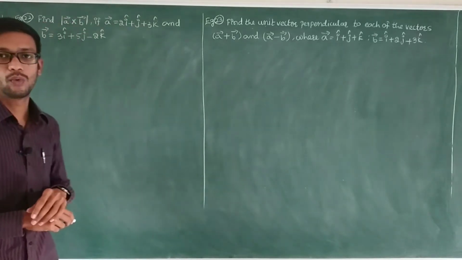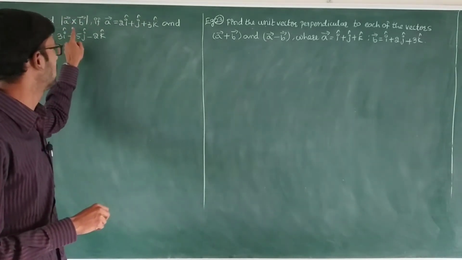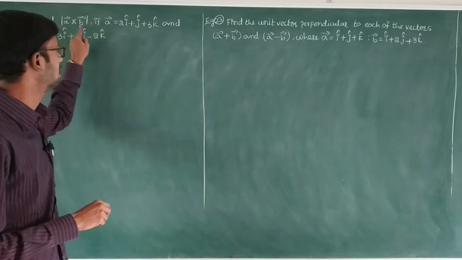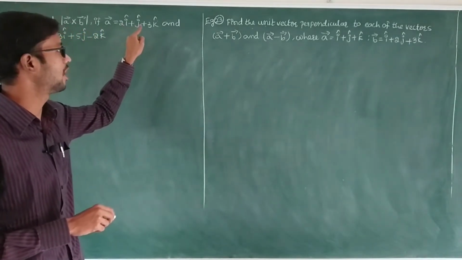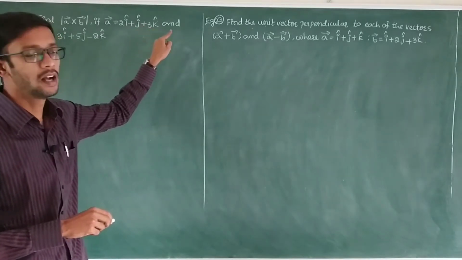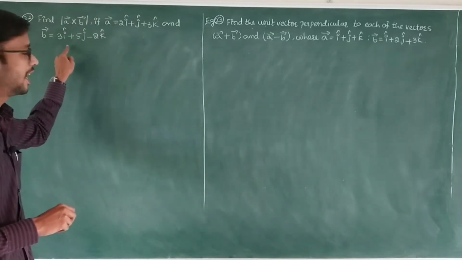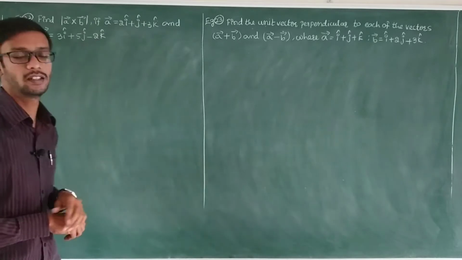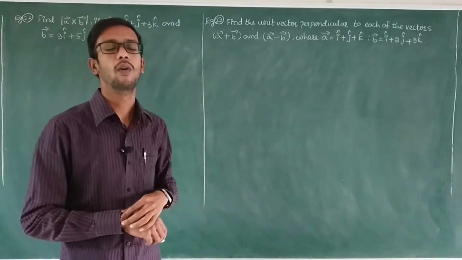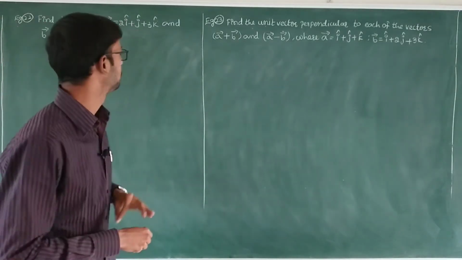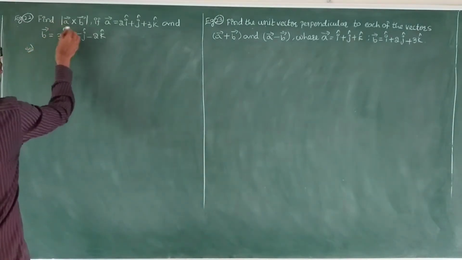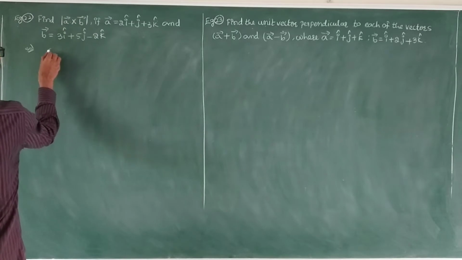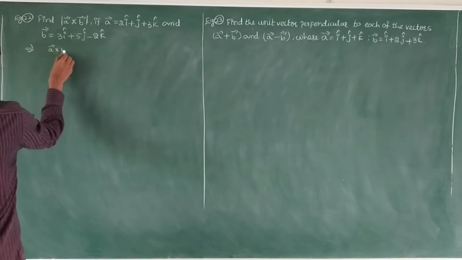Example 22. Find the magnitude of A bar cross B bar if A bar is the vector 2i cap plus j cap plus 3k cap and B bar is 3i cap plus 5j cap minus 2k cap. First of all, for the magnitude we need this vector, A bar cross B bar.